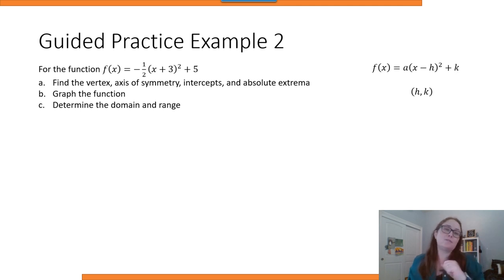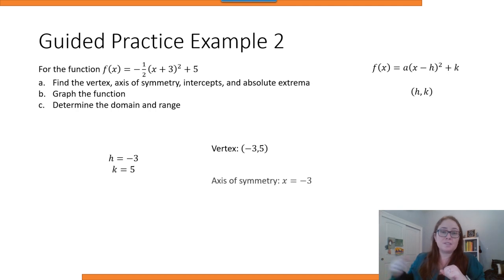So a negative 3 is what is going to be my h, because it's x minus negative 3 if I'm having to subtract. So h is negative 3, k is 5. That's my vertex, negative 3, 5. My axis of symmetry is the x-coordinate of the vertex, so that's x equals negative 3. Okay? No calculations necessary so far.